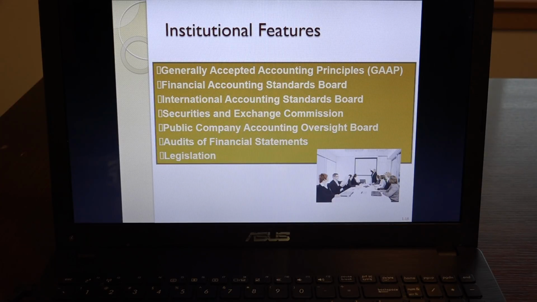And so there's been some effort to integrate GAAP with IFRS. It's not totally integrated, and the SEC indicates some skepticism as to whether or not it ever will.